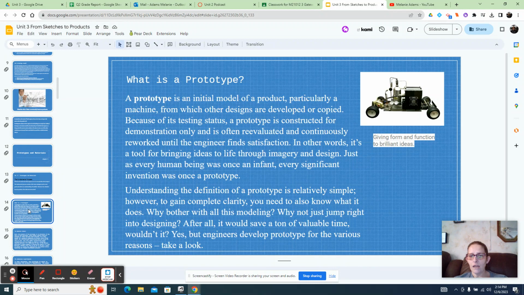It is designed or developed to test your constraints or your criteria to see if you can build this in real life or in a real scale model. A prototype is usually a simple, small scale model so you can see if it is going to work.